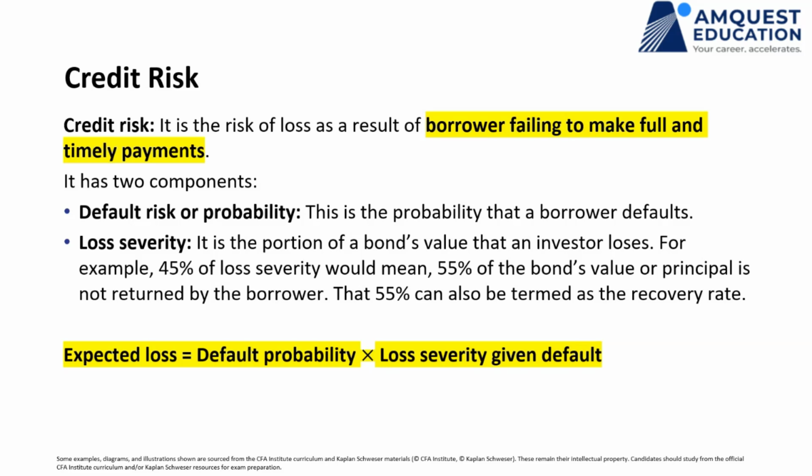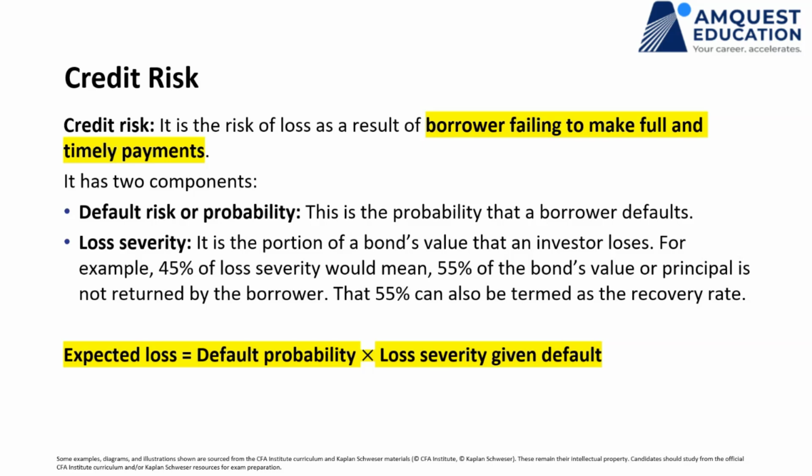So they assign a default risk or a probability that the borrower will default. Now, if the borrower defaults, what is the loss severity? It is the portion of the bond's value that the investor loses. For example, 45% loss severity would mean 55% of the principal is not returned by the borrower. That 55% can be termed as the recovery rate.